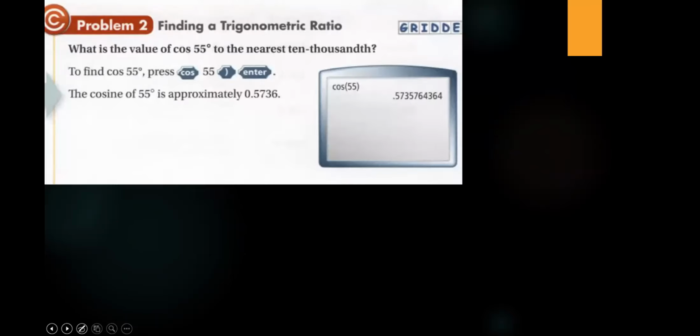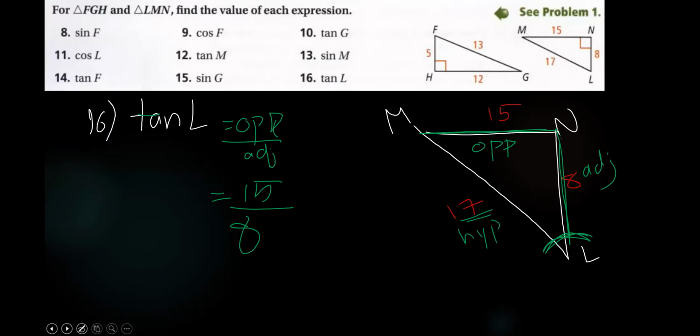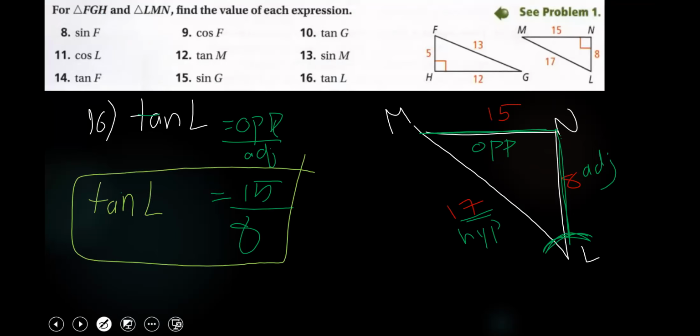Here, I give you the angle, and you have to tell me what is the sine. And here, you tell me that tan L is 15 over 8. So you don't know L, but you know the value of tangent.